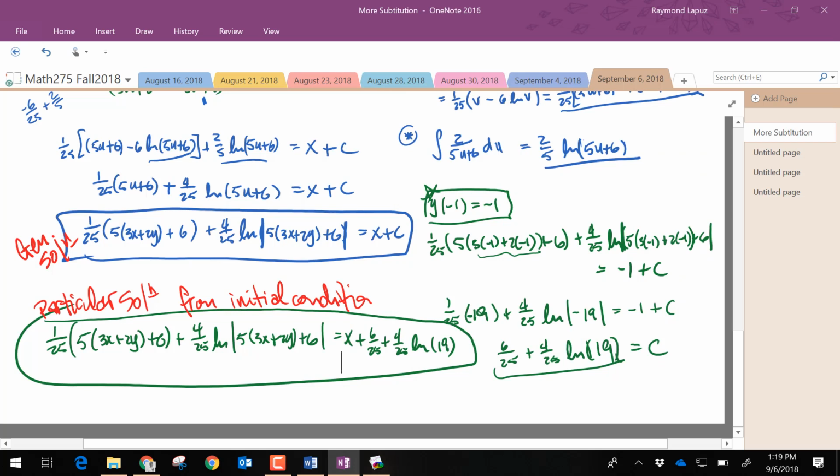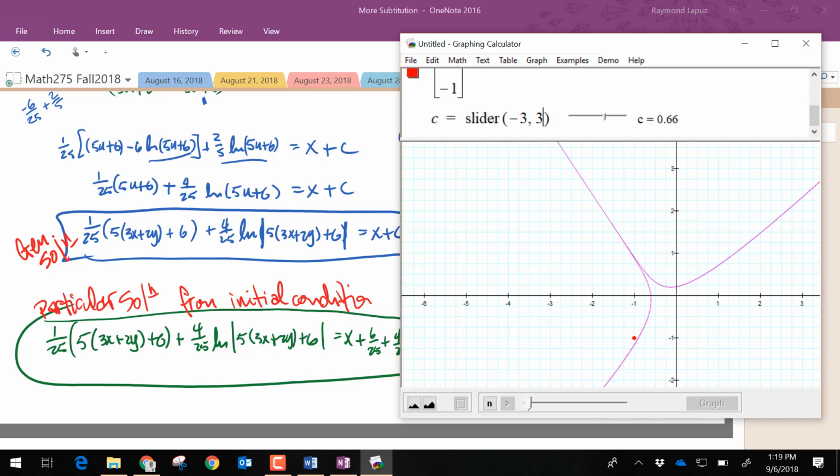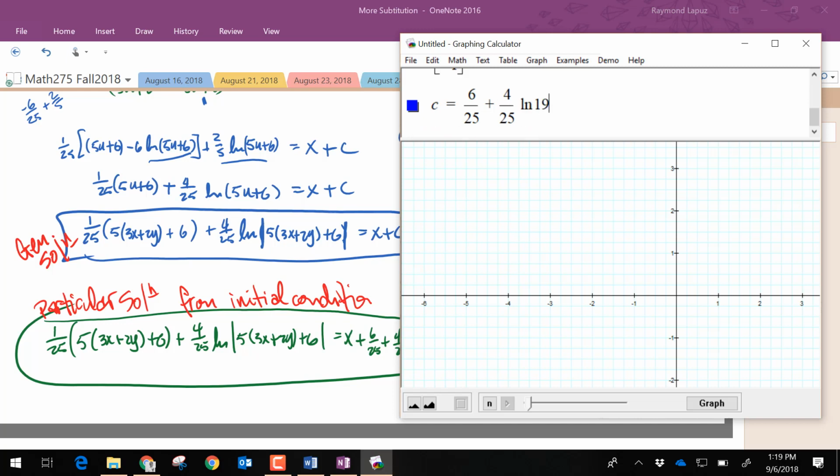So what we want to do is add this constant. This constant here is supposed to be the constant that's going to make the curve hit the point. And so let's change the c into 6 over 25 plus 4 over 25 times the ln of 19.